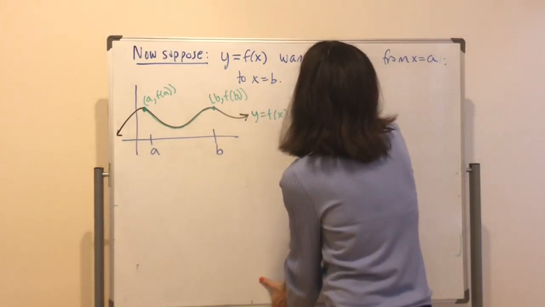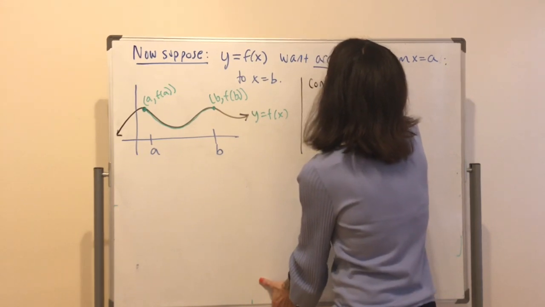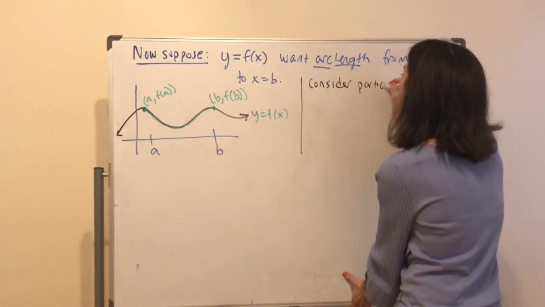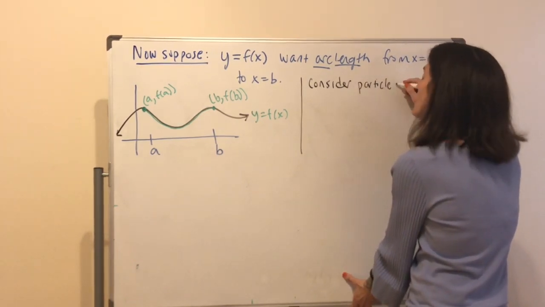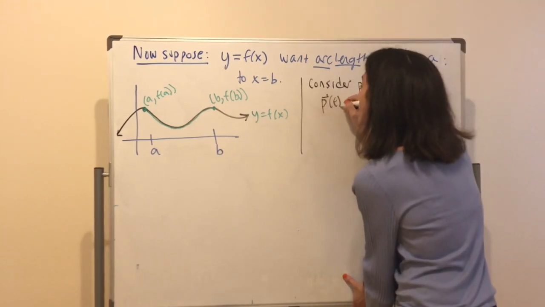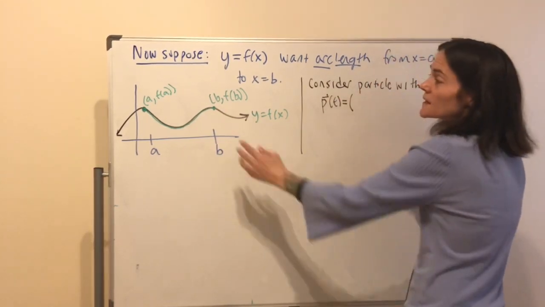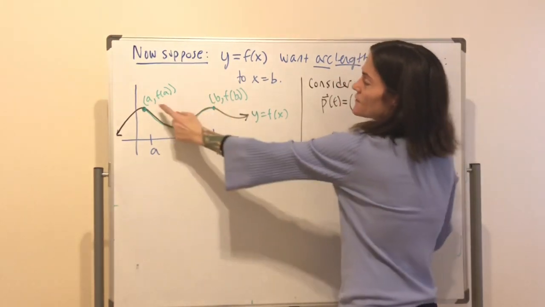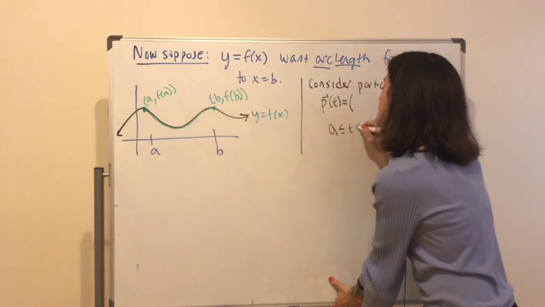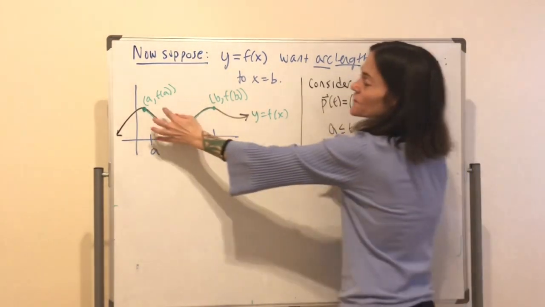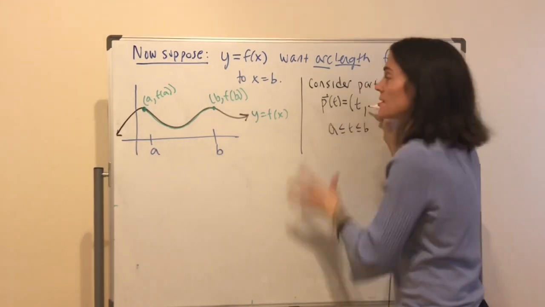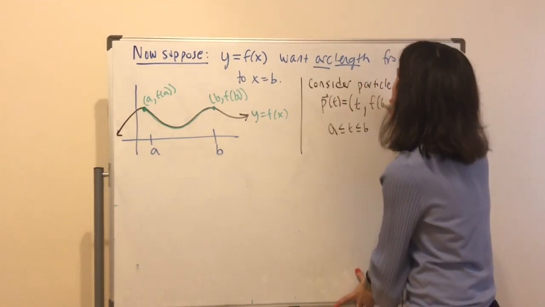So to get the formula you can consider a particle with P of t equals, well, let's look at the coordinates. If t goes from, well, a less than or equal to t, less than or equal to b, this first coordinate is just my t, and then the second coordinate would be f of t.